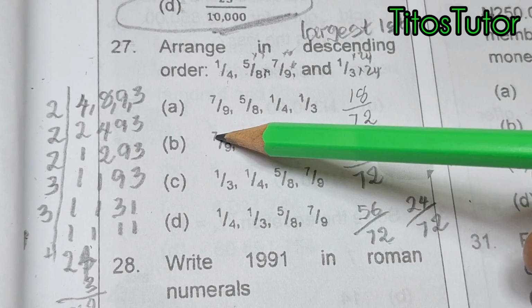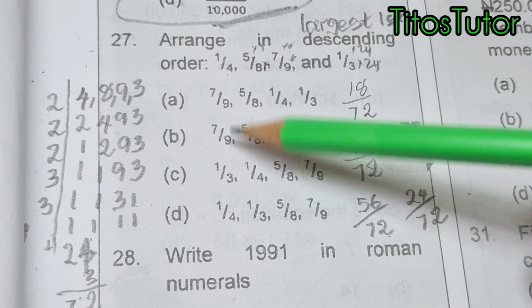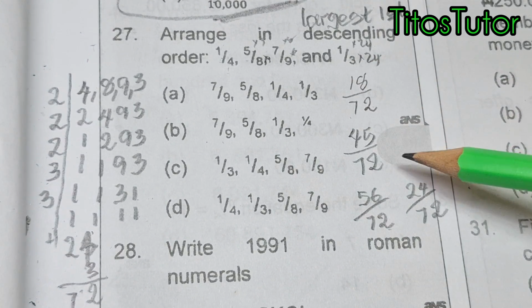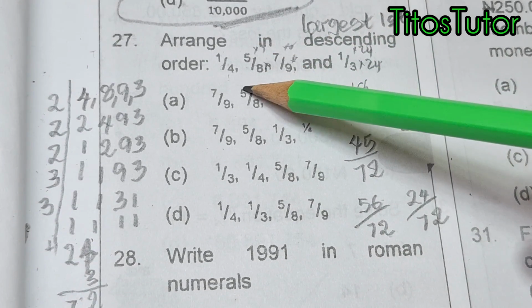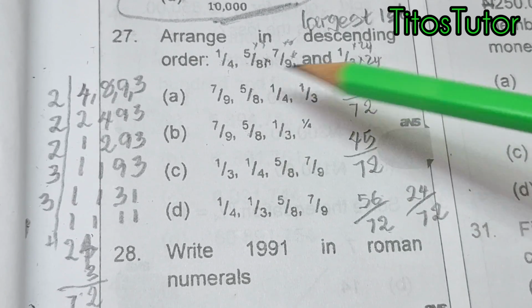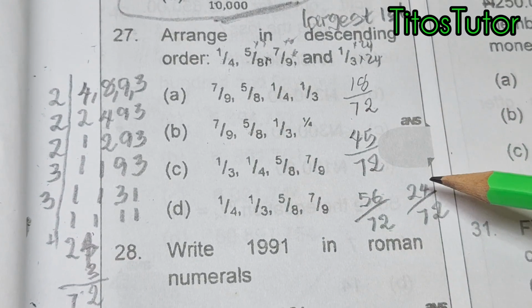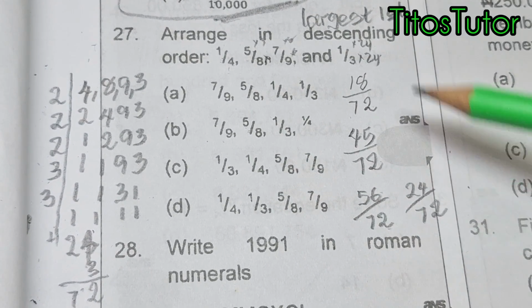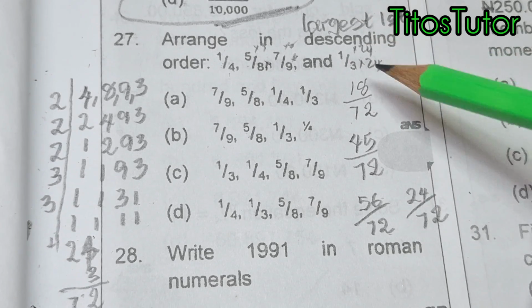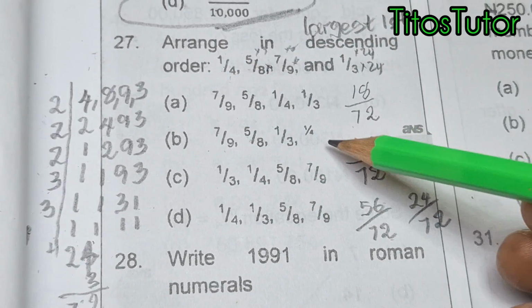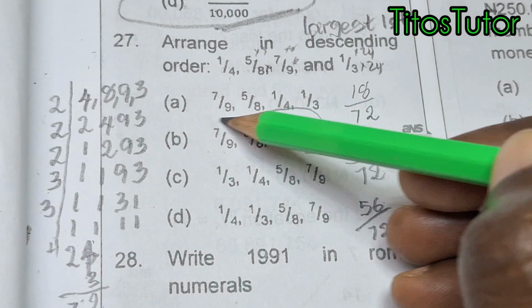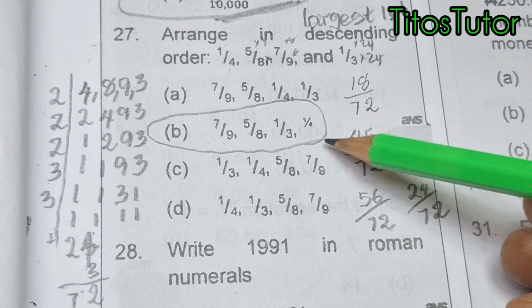After 56 is 45, which is 5 over 8. Then you have 24, which is 1 over 3. So the smallest fraction is 18 over 72, which is 1 over 4. So this is your answer. And you're done.